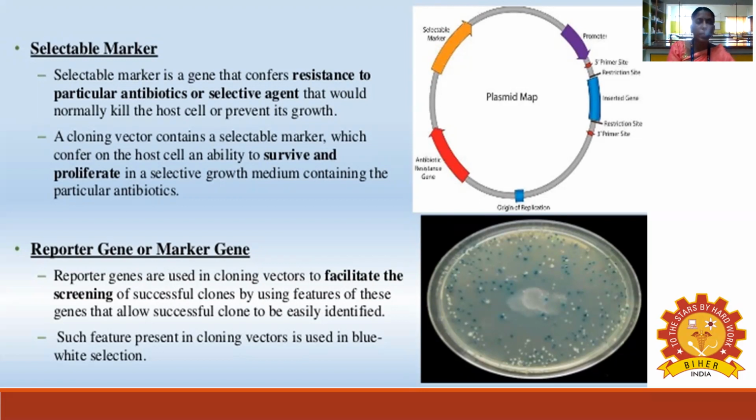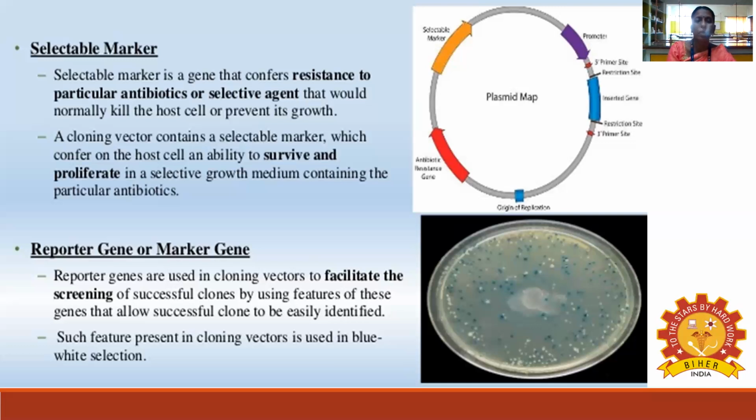And then another important feature is called a reporter gene, or marker gene. The reporter gene acts as a reporter. The lacZ gene is a reporter gene used in cloning vectors to facilitate the screening of successful cloning by using the features of the genes, and allows the successful clone to be identified.